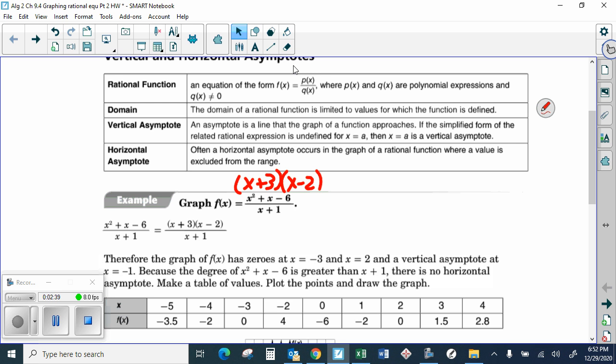Okay, because you want to do that first to see if any of these factors would cancel with the denominator's factor. If you have factors that cancel, algebraic factors that is, not just a number like a 2 and a 2, that doesn't matter. It's got to be an algebraic factor, which means it has an x in it.